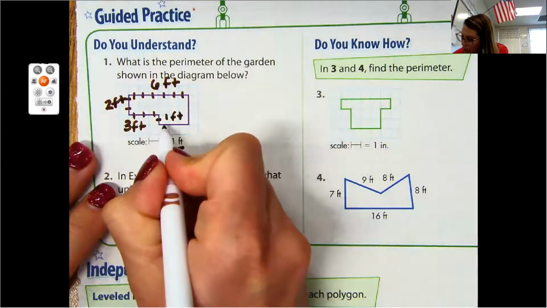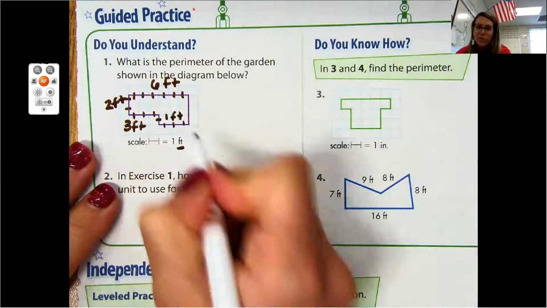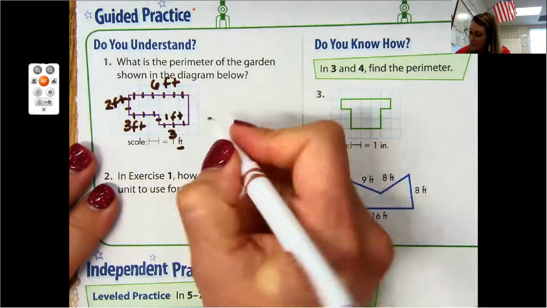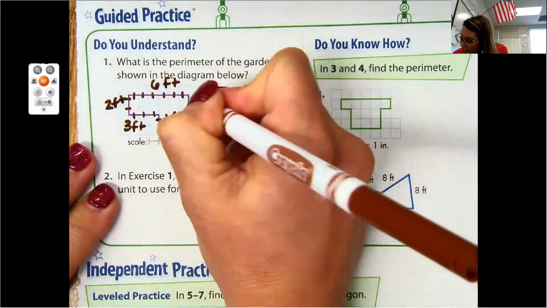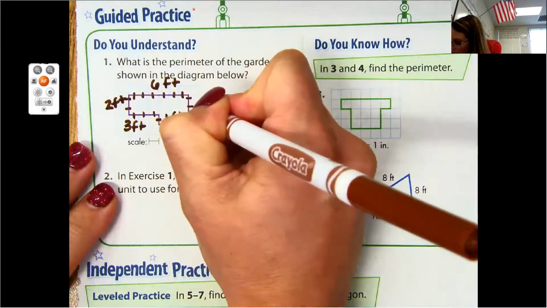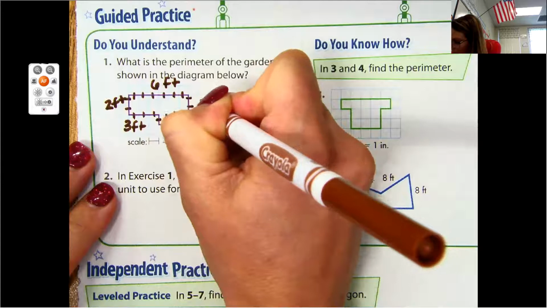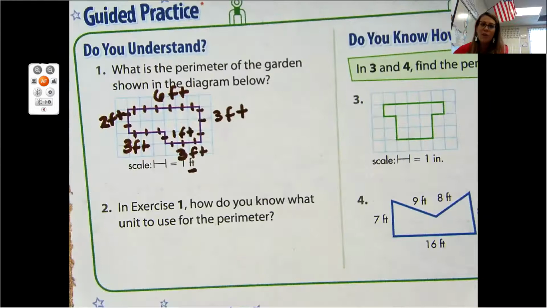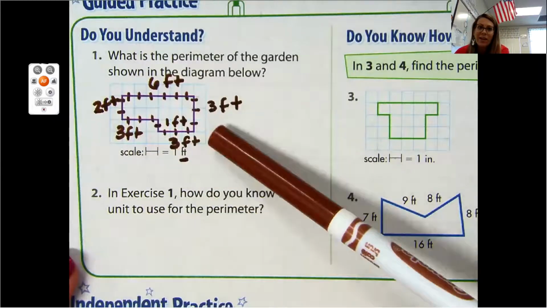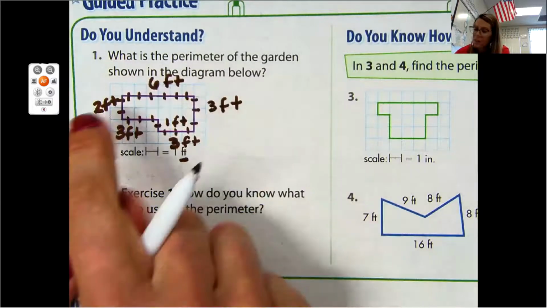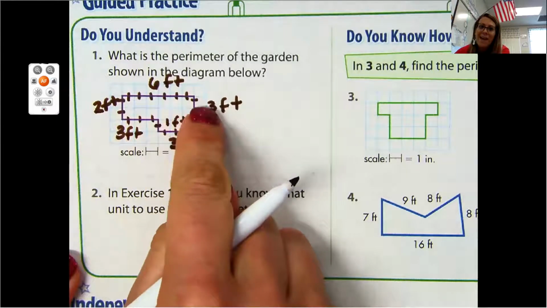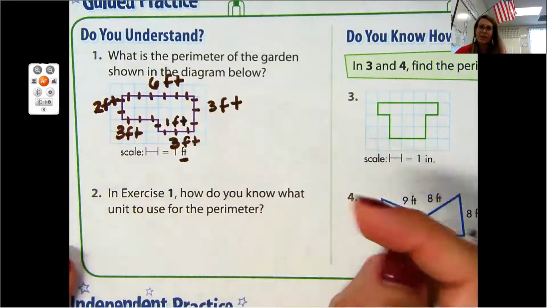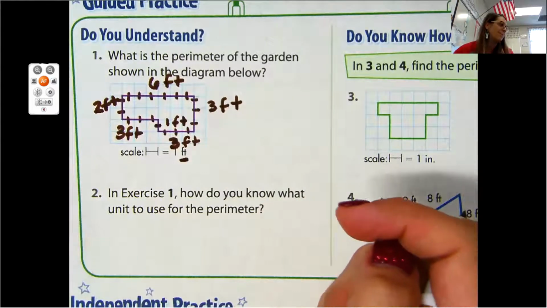Okay, so let's keep counting. 1, 2, 3. 3 what? 3 feet, right? And then our last side, 1, 2, 3 feet again. So it is so important when you have one that is on a scale like this, that you put these tick marks and you touch and you count every single box so that you don't forget it. That's going to be our first step.